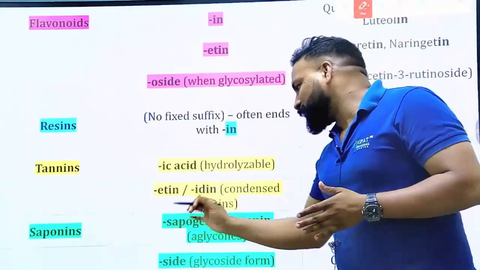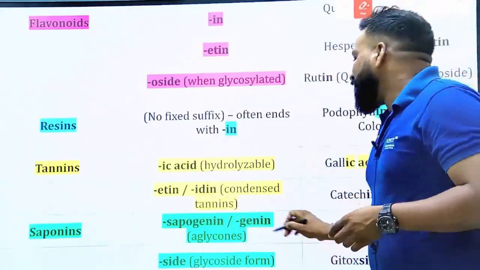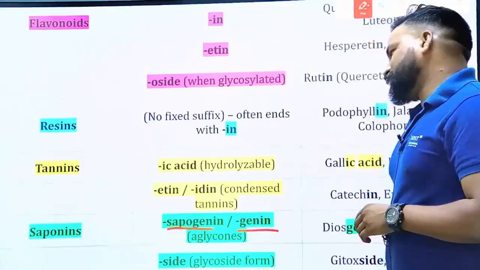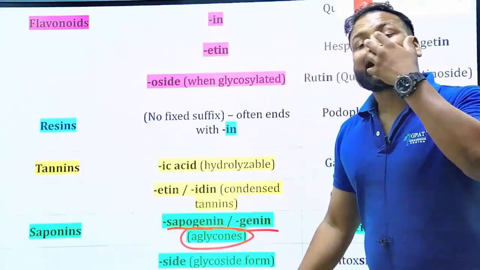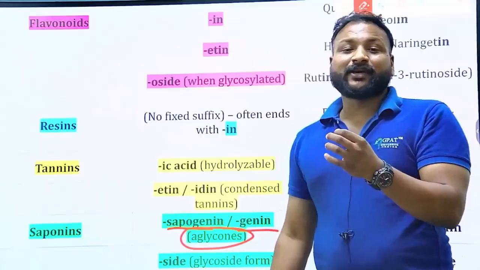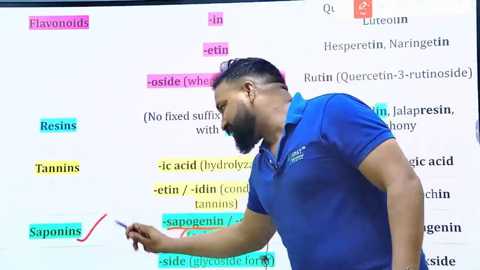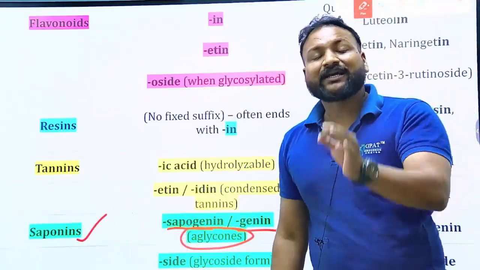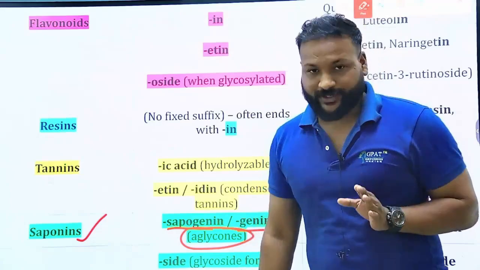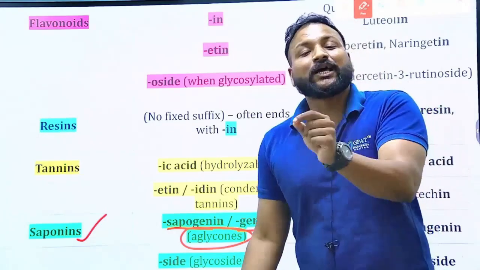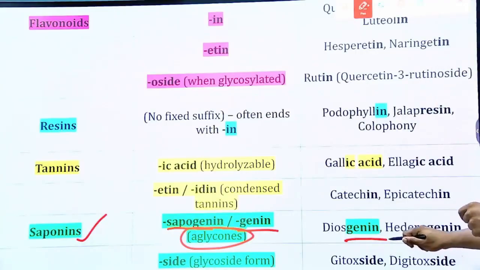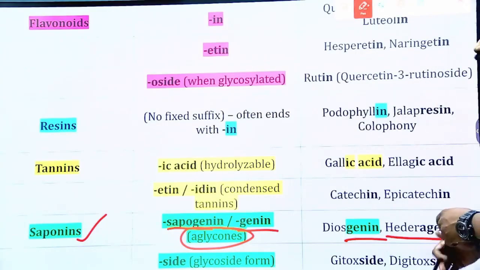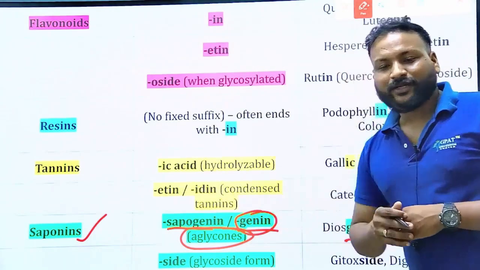Do not get confused, but mostly we can identify. Sapogenin and genin, because the aglycone moiety in the saponins is the therapeutically active part. That's the reason sapogenin, diosgenin, hederagenin, genin is nothing but an example for saponins.